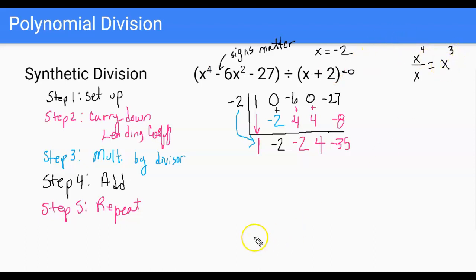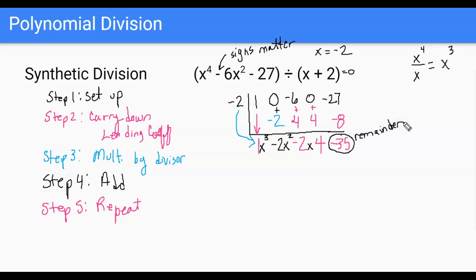So it's always just going to be 1 less. So that means these are the coefficients for the quotient, and it's starting with x cubed. And then we just count down from there. X squared, x to the first power, x to the 0 power, that's our constant. And then what happens is this last number always ends up being our remainder. It'll always be our remainder.